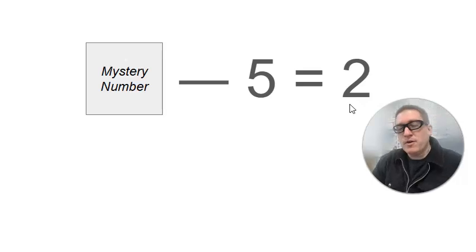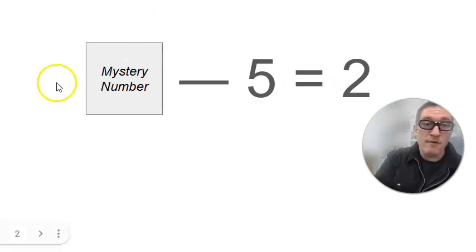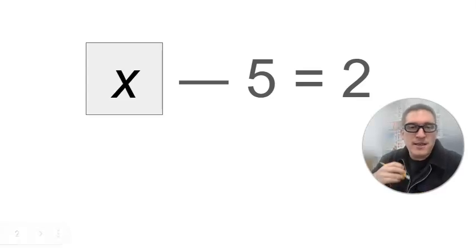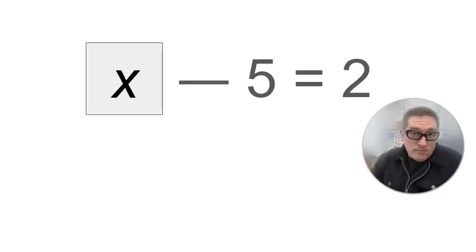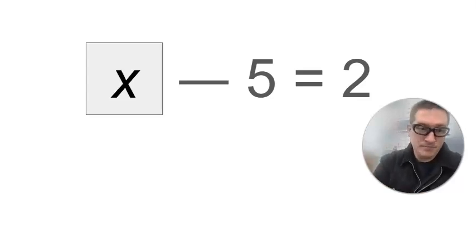Now in algebra, writing mystery number again and again and again will take a long time. So what we like to do instead is we like to write a letter to represent my mystery number, a variable known as x. And whenever you see a problem with an x in it, just think that x is a number. Maybe you know what it is, maybe you don't know what it is.